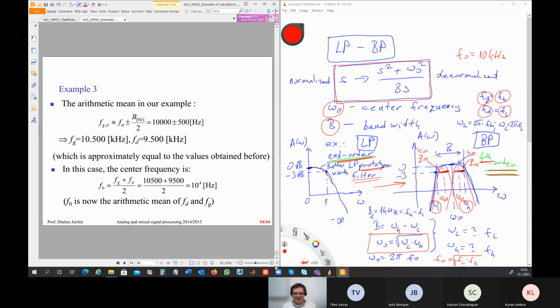Next time we will say a few words about sensitivity and then we will finish with switched capacitor filters. But for today we have finished. If you have some questions, please ask now or send me an email later.